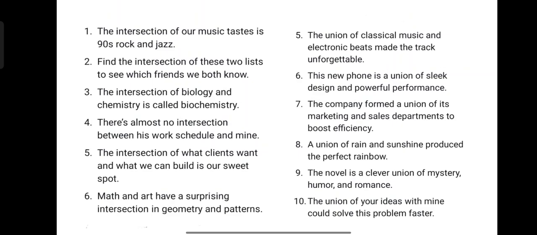As well as chemistry intersection biochemistry equals biochemistry, because chemistry has chemistry and biochemistry has chemistry. Otherwise biology plus chemistry equals biochemistry. Biology and chemistry are united to form biochemistry, so biology union chemistry equals biochemistry. In three or four ways we can tell it.